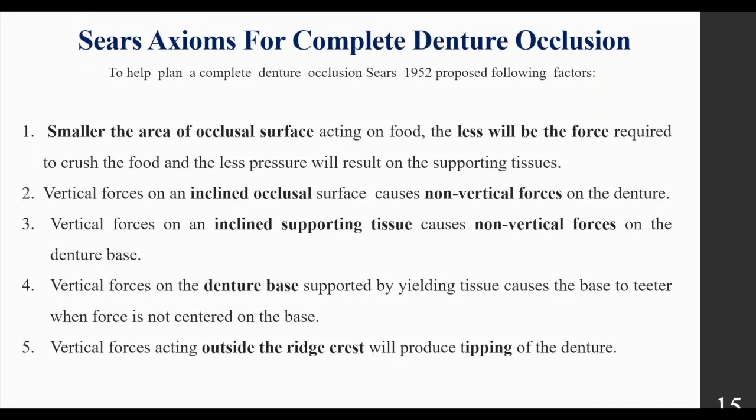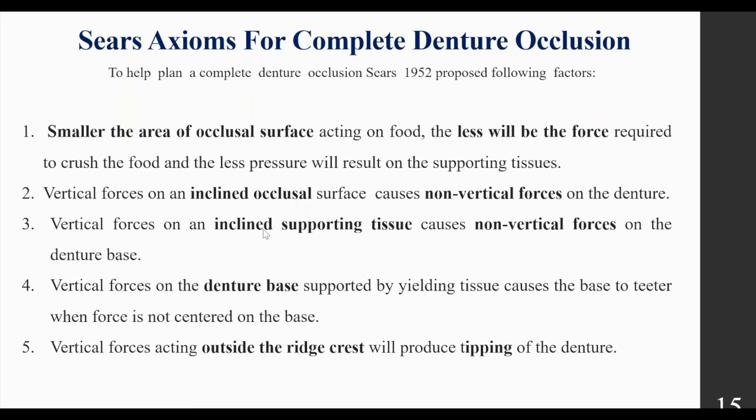Now, Sears has given axioms which have helped us guide and plan complete denture occlusion for many years. He states that the smaller the area of the occlusal surface acting on the food, the lesser the force required to crush the food, and therefore there will be less pressure on the supporting tissue. If vertical forces are applied on the inclined occlusal surface, that will cause non-vertical forces on the denture.